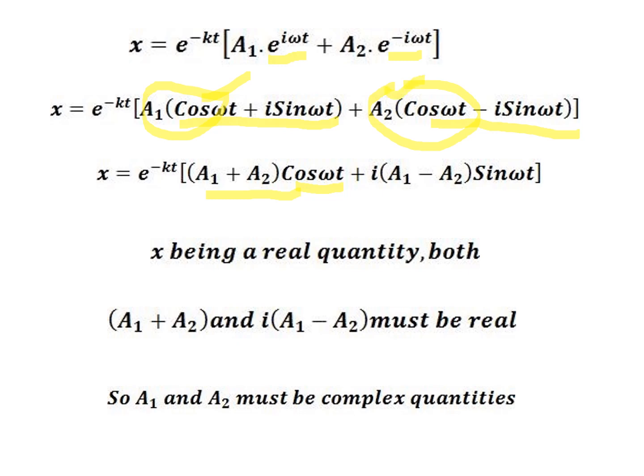So you can write a1 plus a2 into cos omega t. Now there are two terms containing sin omega t. So taking i sin omega t as common factor, you can write i sin omega t into a1 minus a2.